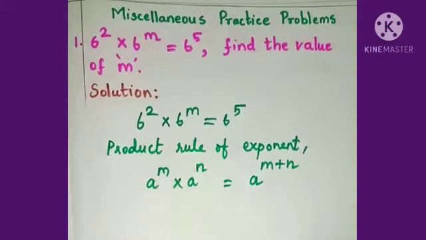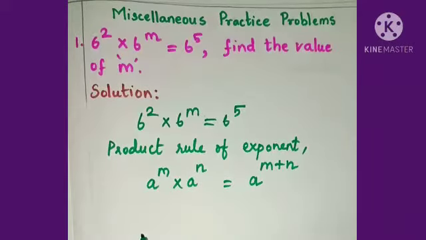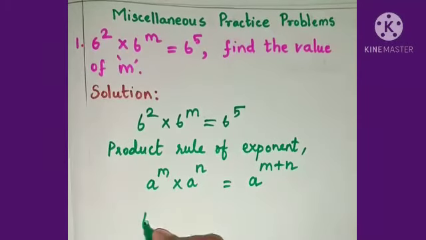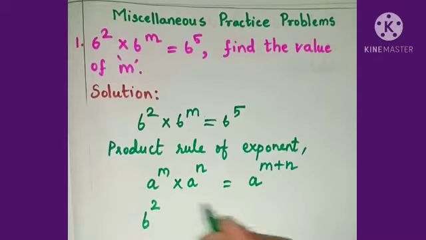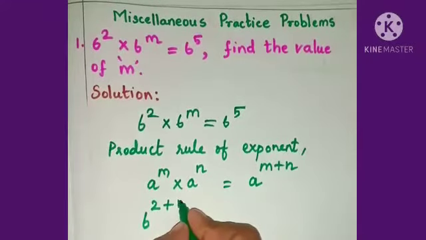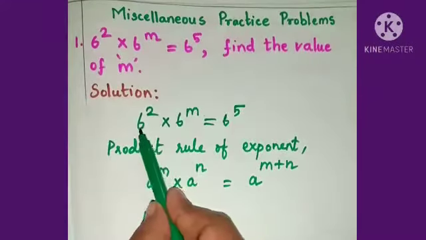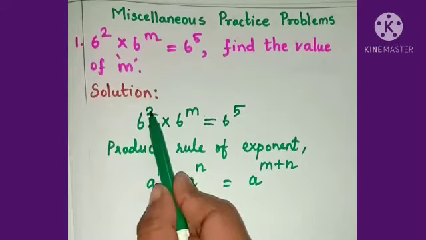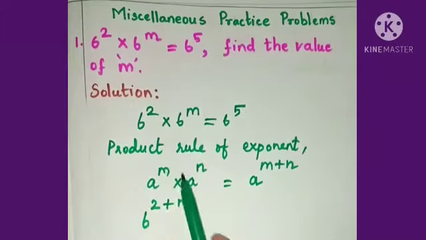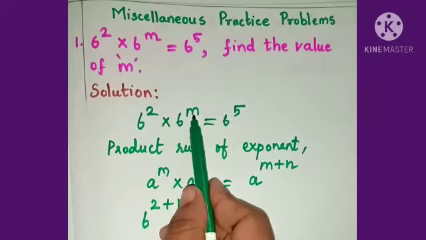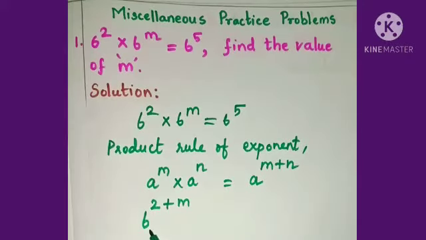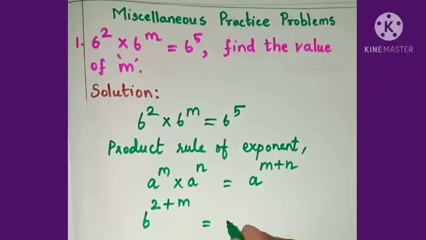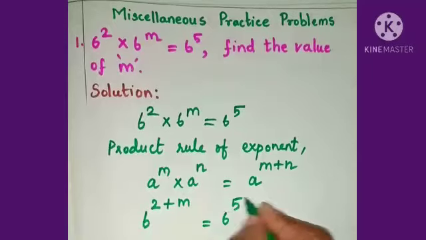Now the left hand side will be 6 to the power of 2 plus m, because the bases are same, we can add the exponents. By using the product rule of exponent, we can write the exponential form as 6 to the power of 2 plus m, which is equal to 6 to the power of 5.